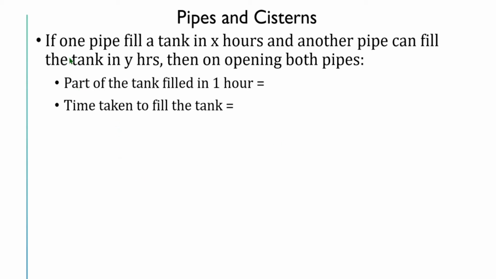Now the next scenario. If one pipe can fill a tank in X hours and another pipe can fill the tank in Y hours, then on opening both the pipes, the part of the tank which is filled in 1 hour will be equal to 1 by X plus 1 by Y. The part which is filled by the first pipe in 1 hour is 1 by X, and the part which is filled by the second pipe in 1 hour is 1 by Y. So the part of the tank which is filled in 1 hour when both the pipes are open will be 1 by X plus 1 by Y, or this is equal to X plus Y by XY.